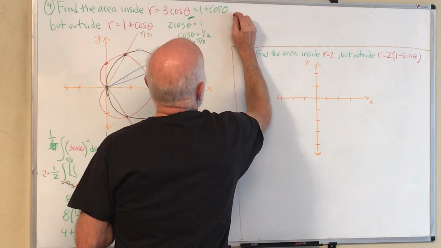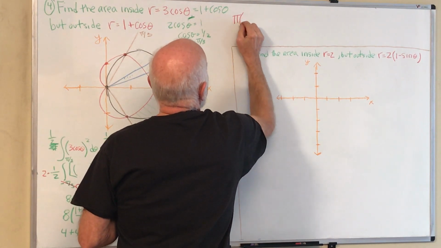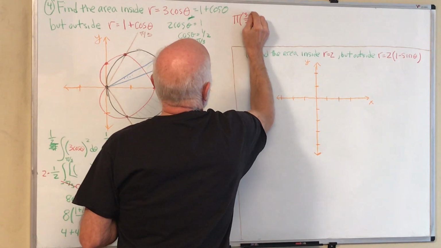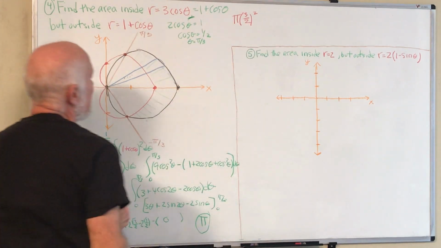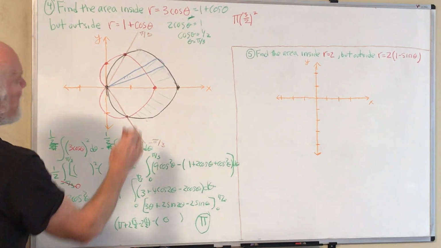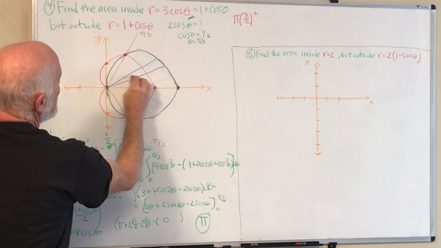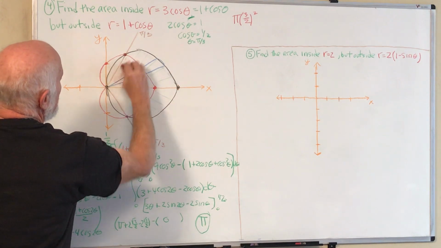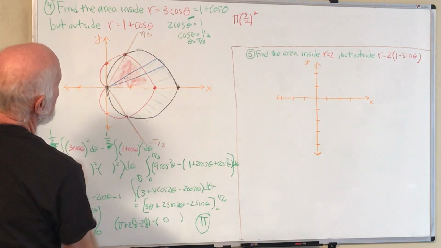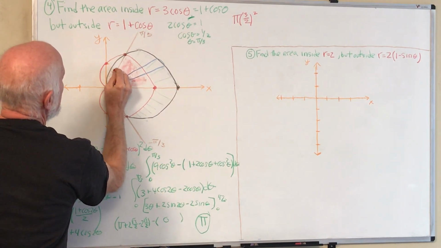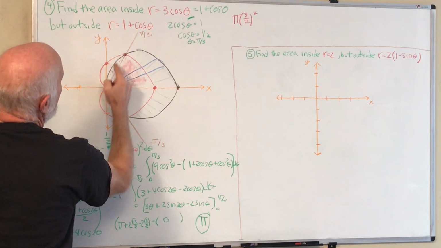So I could go pi times 3 halves squared. Now, what do I have to subtract out of that to get this moon? I have to subtract out this area in here and this little area right up here.